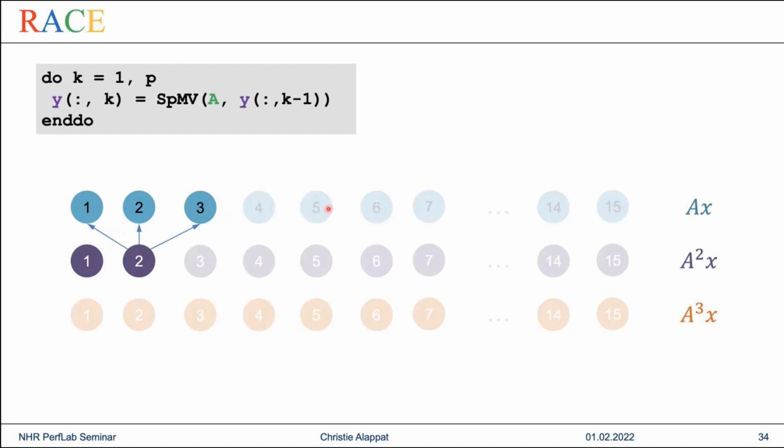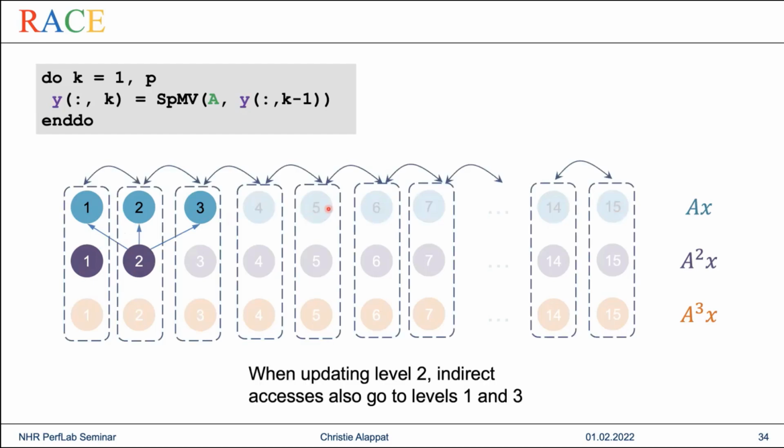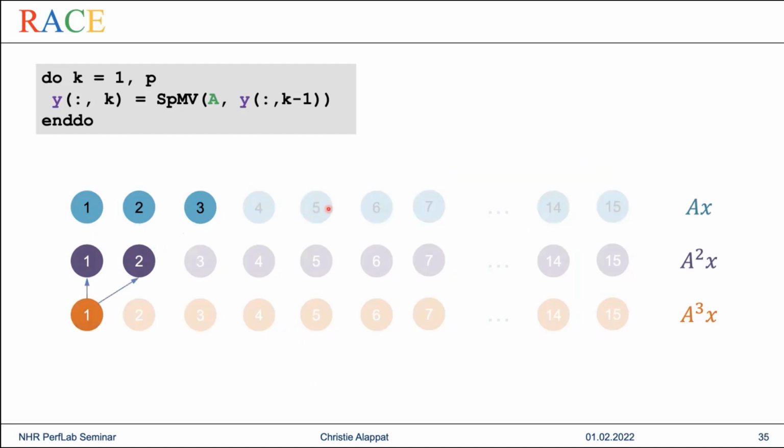In a similar manner, we could also argue, for example, that level 1 can be updated to A cube x at this stage because levels 1 and 2 have already been updated to A squared x. So we can go in this manner. What we see here is that the levels that are brought up in Ax can be reused in quick succession. Levels mean matrix elements, so in quick succession, that means we can reuse them from the cache.